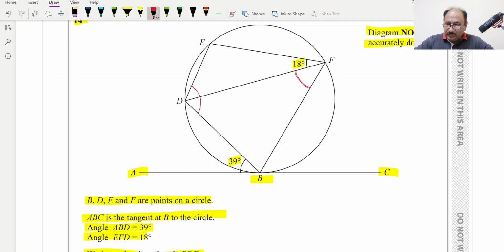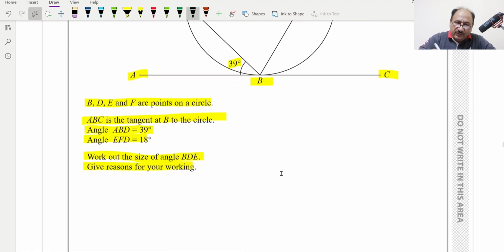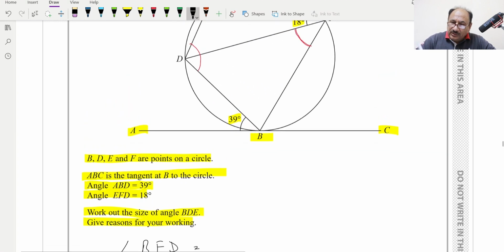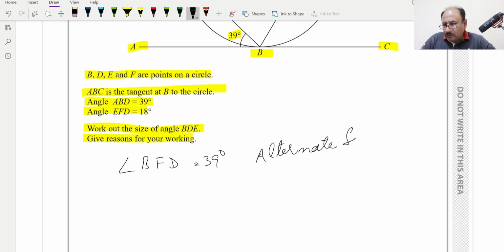So angle DFB or BFD, so we can write angle BFD. Angle BFD is equal to 39 degrees, and we can provide the reason. 39 degrees, and which is what? Alternate segment theorem.